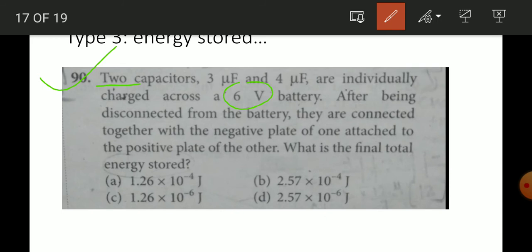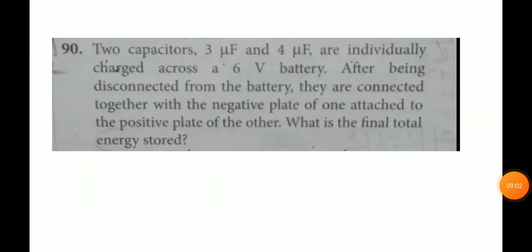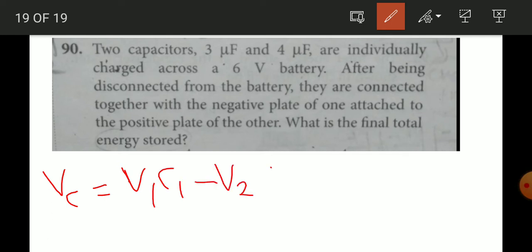After being disconnected from the battery, they are connected together with the negative plate of one attached to the positive plate of another. In this case, what will be the formula for common potential? (V1 C1 minus V2 C2) over (C1 plus C2).